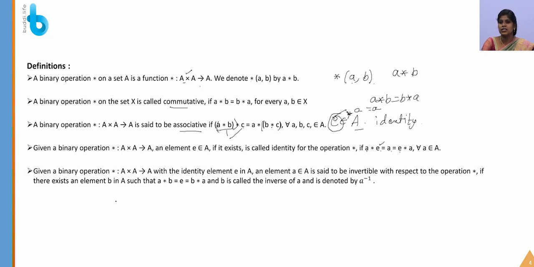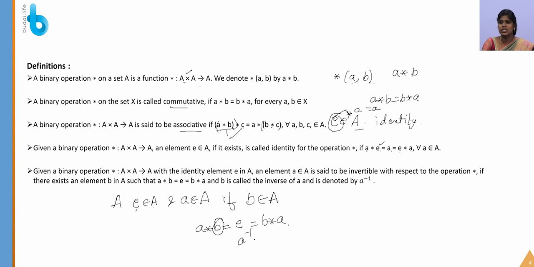That is, we have the element e in set A and the element a in set A. If there exists b in the same set A, and you get a star b equal to e or b star a equal to e, then b is the inverse of a.